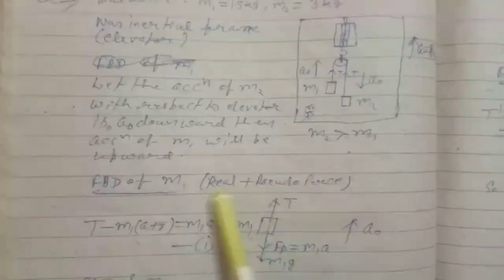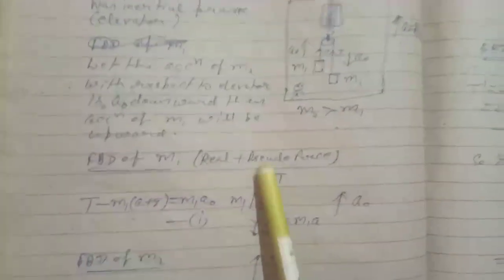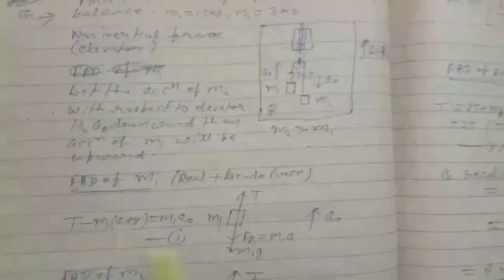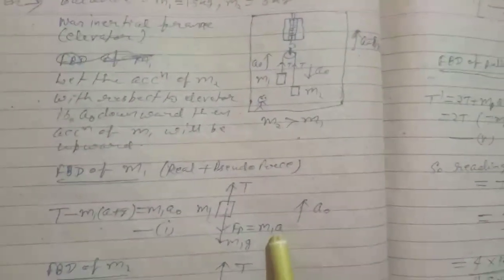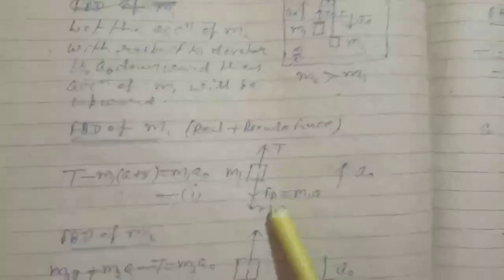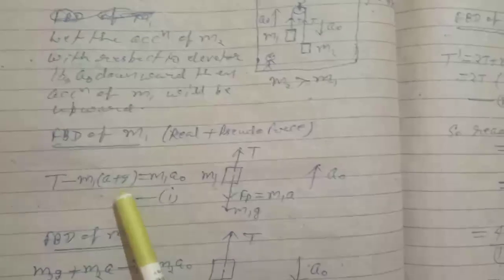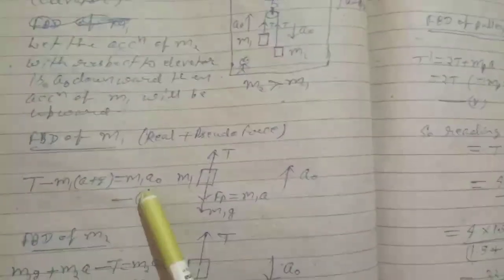Now the FBD of m1, we have to apply the pseudo force here, that is real plus pseudo force. So the free body diagram will have T in the upward direction, and the pseudo force m1 into a in the downward direction, because the lift is moving with a upward so the pseudo force is downward, and the weight of the body in the downward direction. So we can write T minus m1 into a plus g equals m1 into a naught.